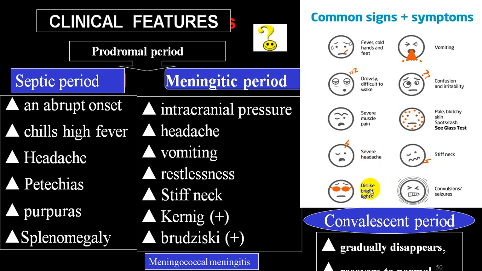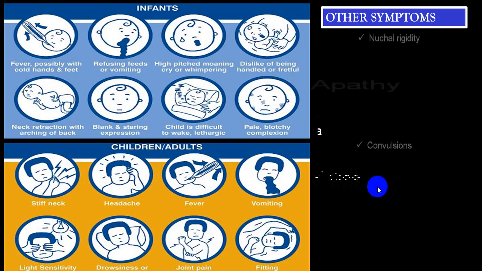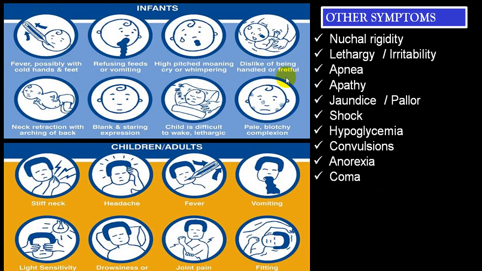Then the person can have photophobia, phonophobia, convulsions, seizures, etc. There are a lot of pictures which we have got. So fever, nausea, vomiting, then a typical cry, irritability, neck rigidity, then altered level of consciousness, lethargy, etc.